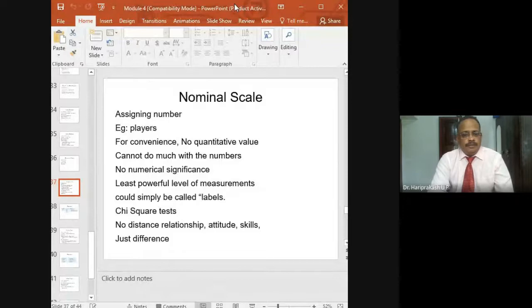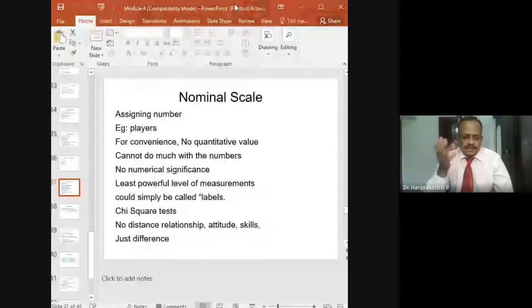Here we don't find any difference between the individuals who have been assigned those numbers. It is just for individual identification. We cannot measure the attitude and skills of an individual through a nominal scale. It is just numbers. That is about the nominal scale.